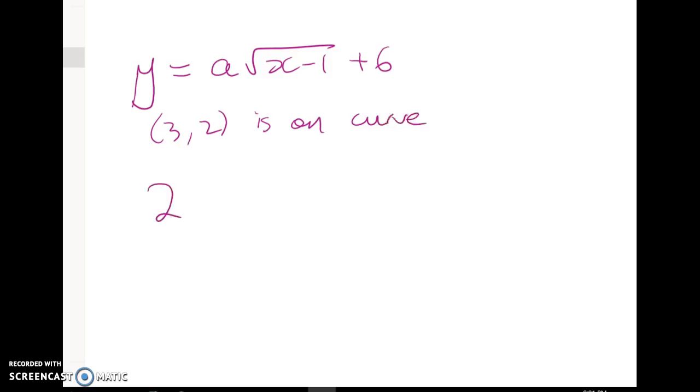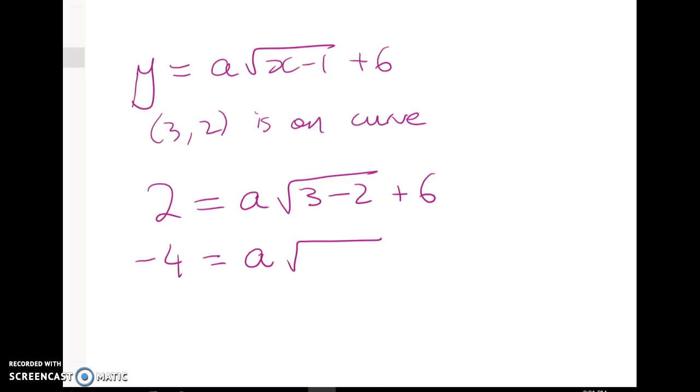So I can write this: 2 is equal to a root 3 minus 1 plus 6, giving me negative 4 is equal to a times root 2. Sorry, that should be a 1 in there, not a 2.